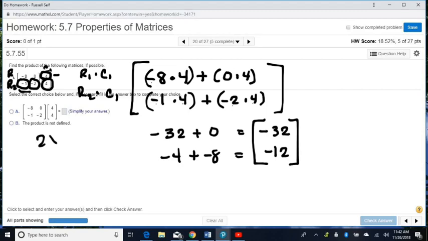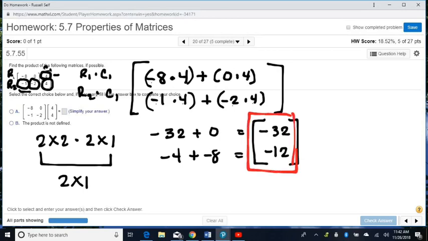Now remember, we started off with a 2 by 2, and we were multiplying that times a 2 by 1, right? So we were expecting to get a 2 by 1 matrix. Well, if you look at what we got, that's 2 rows, 1 column. So that's a 2 by 1 matrix.